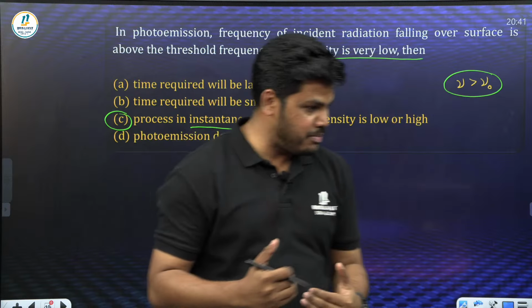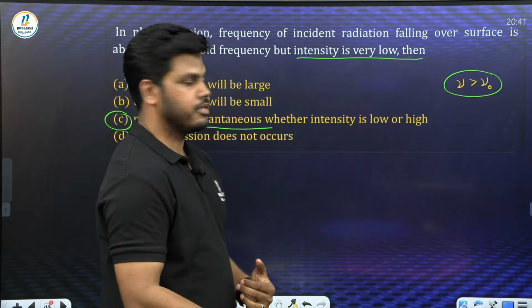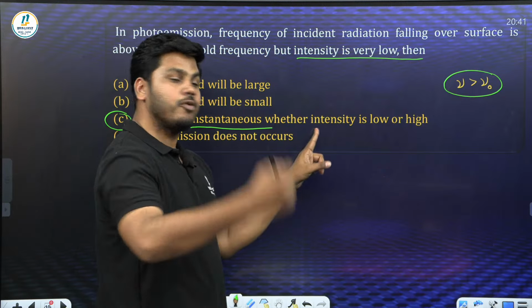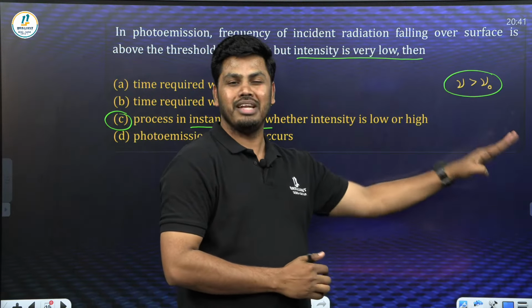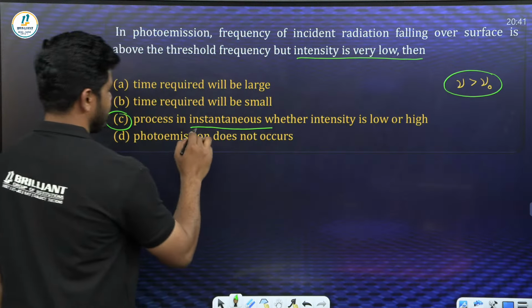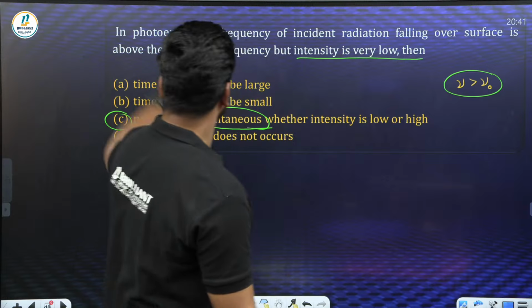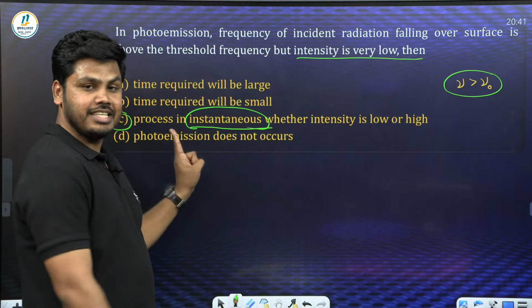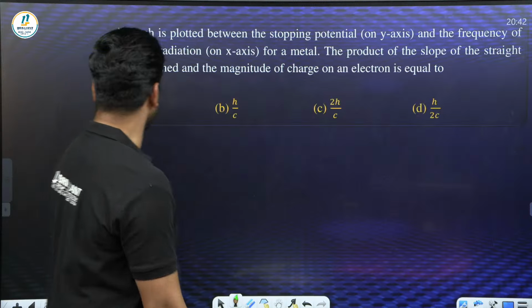More electrons will be emitted. For low intensity also electron emission is possible, but the number of electrons emitted will be less. So remember, photoelectric emission is instantaneous. That particular term itself helped us. So option C is the correct answer. Okay, right. So next one.